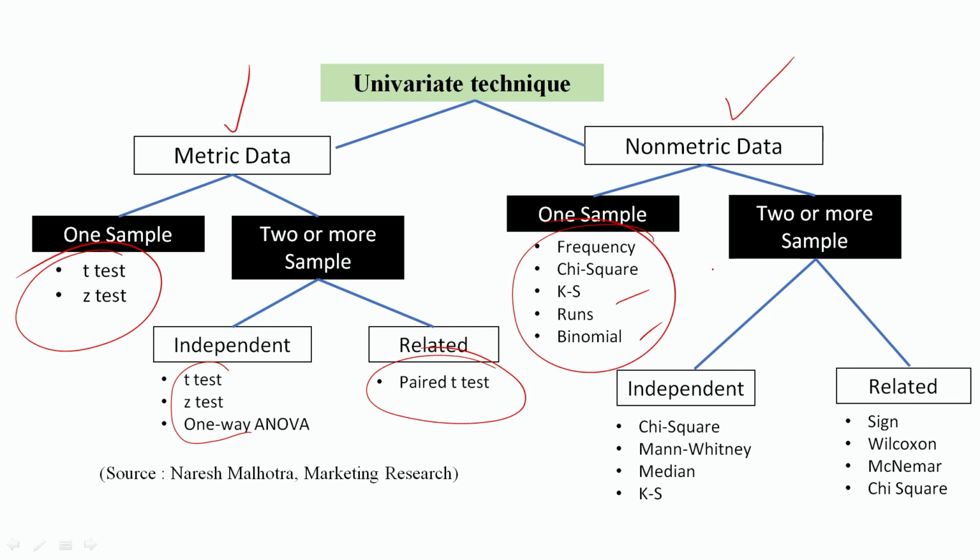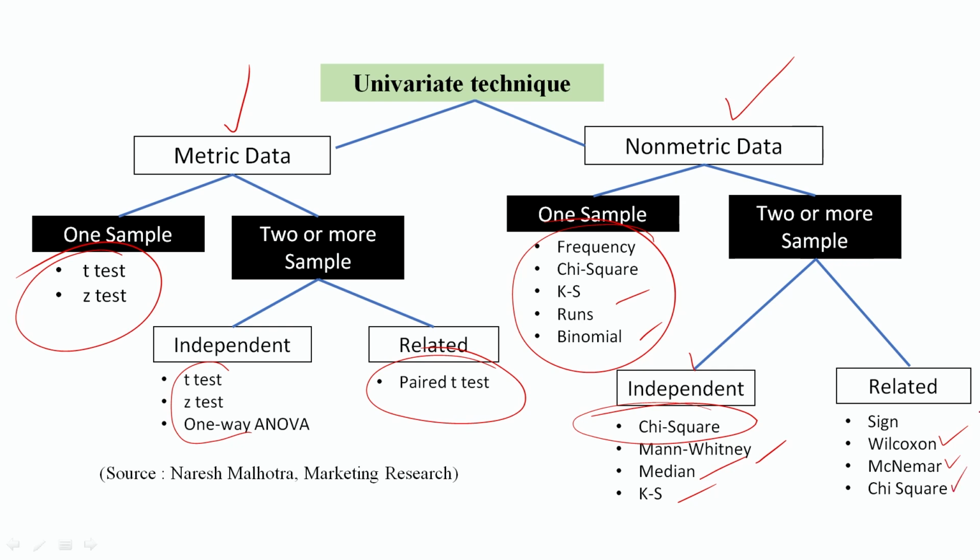When we have two or more samples to study, if they are independent, chi-square test is there, we have the Mann-Whitney U-test, we can check the median, we can take the KS test, or if they are related samples, there is Wilcoxon, McNemar, and again chi-square we can use.